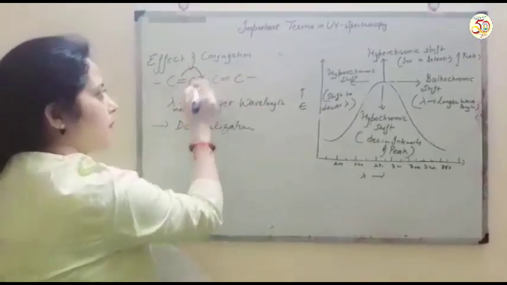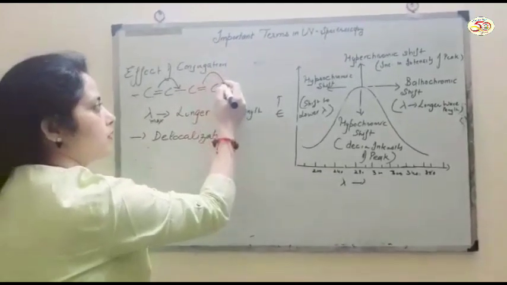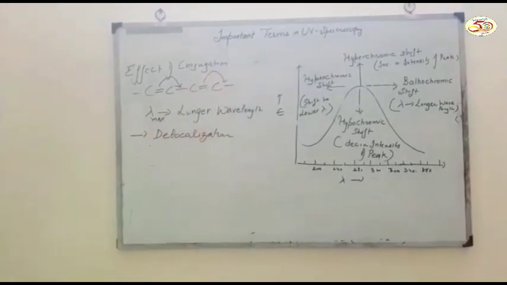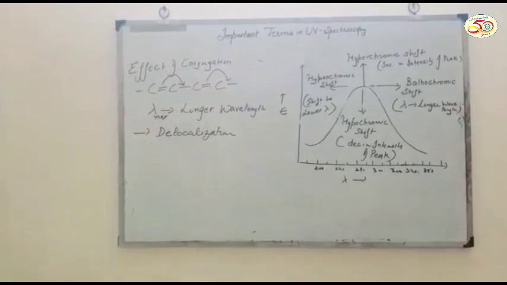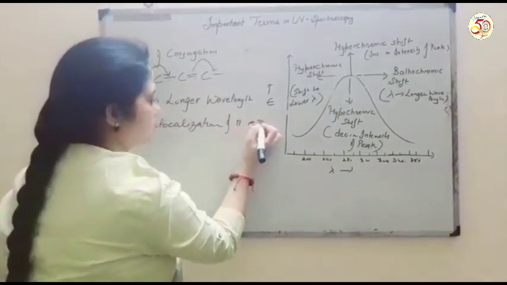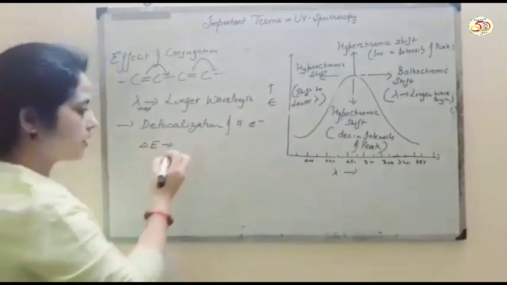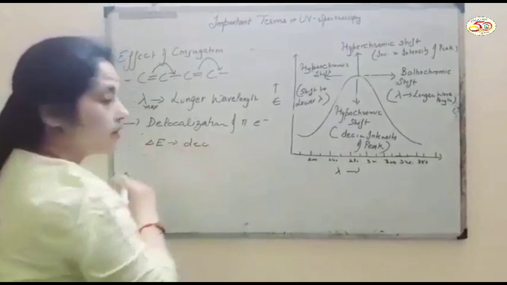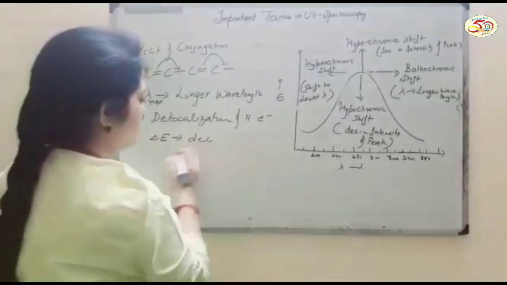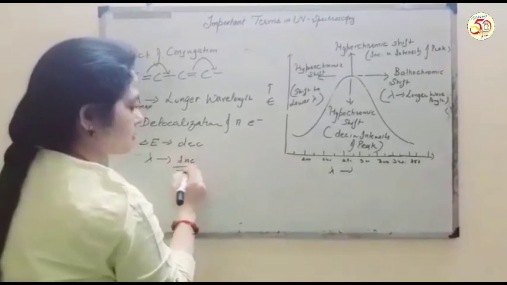This pi bond can be delocalized to this bond. Like this, there is resonance. So due to delocalization of pi electrons, delta E decreases. If delta E decreases, then lambda increases.